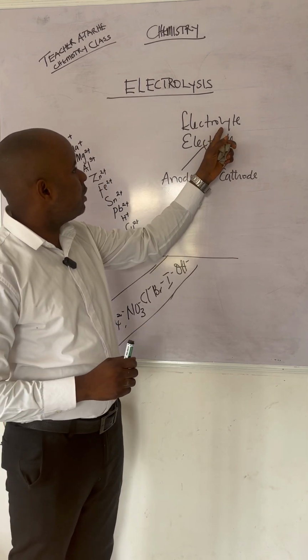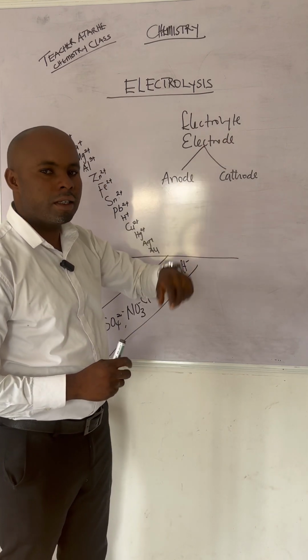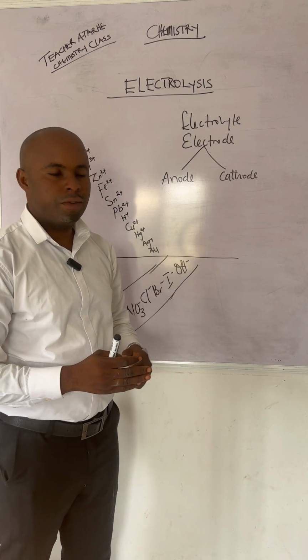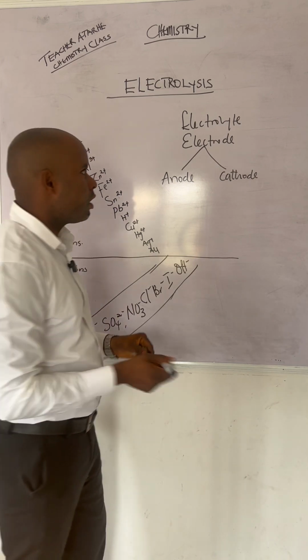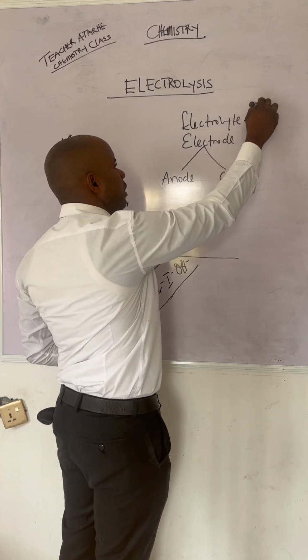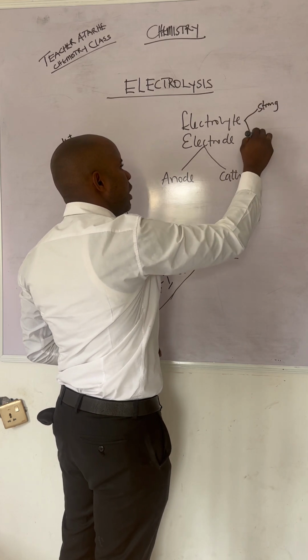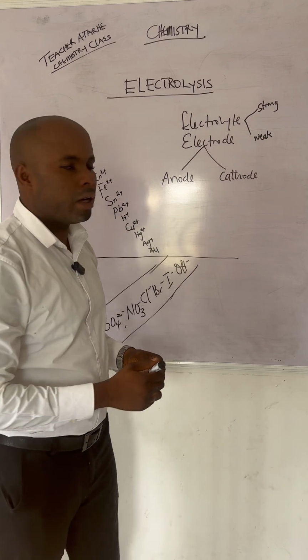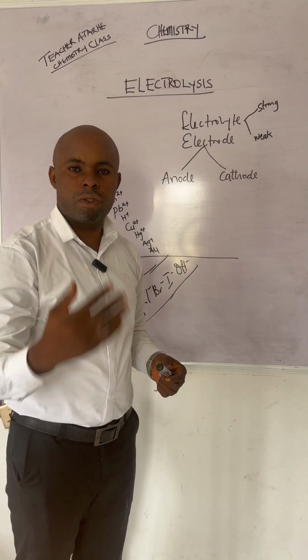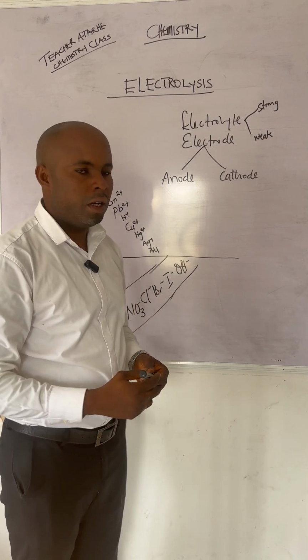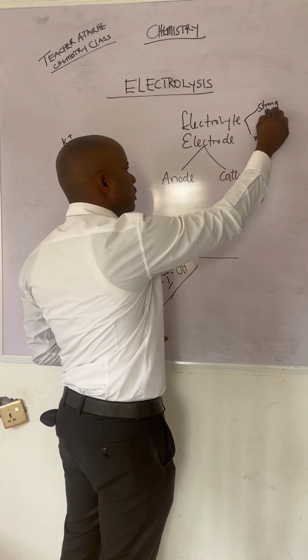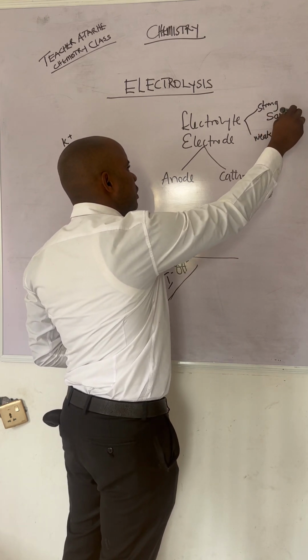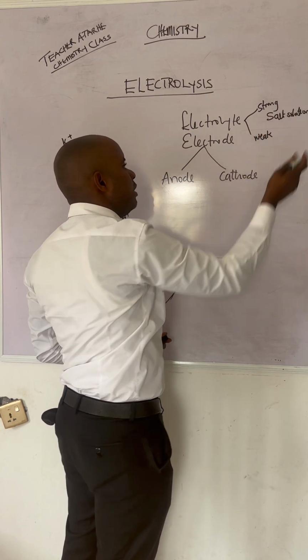We said electrolytes. Electrolytes are substances that conduct electricity. They can either be strong electrolytes or weak electrolytes. Strong electrolytes are substances that dissociate completely in a solution. A very good example is salt solution, acids and all.